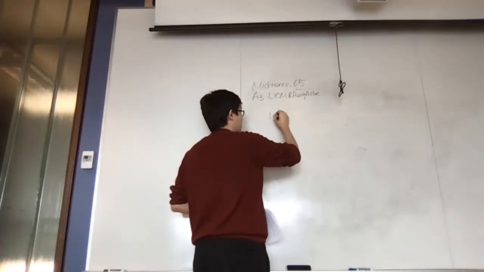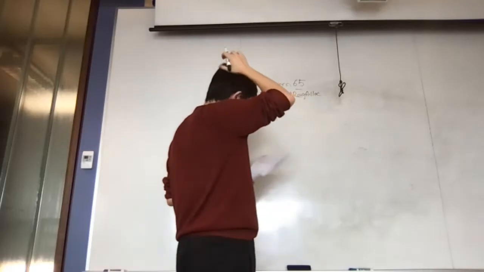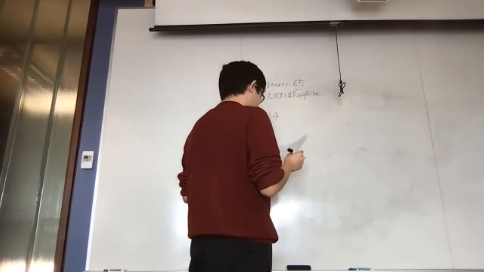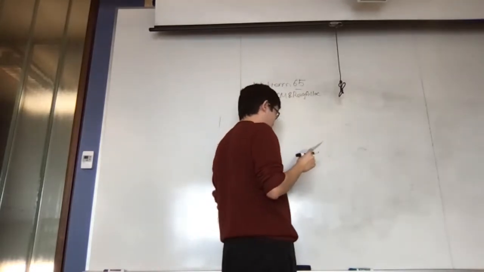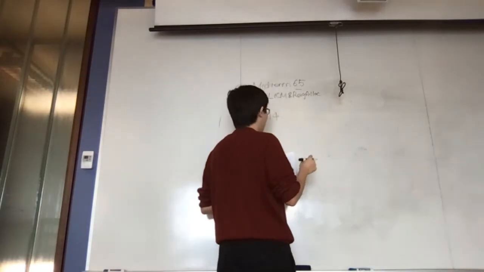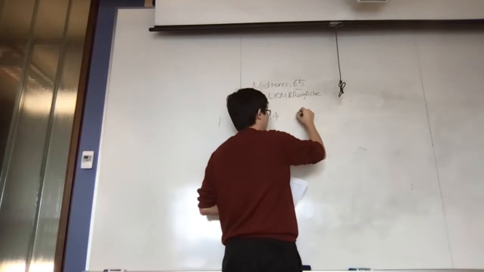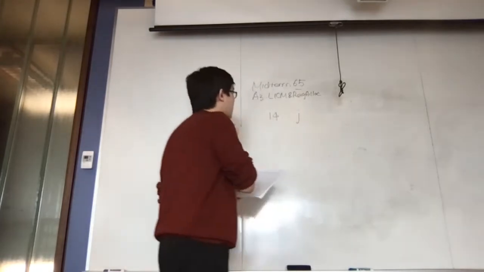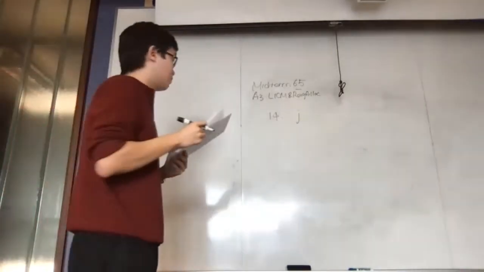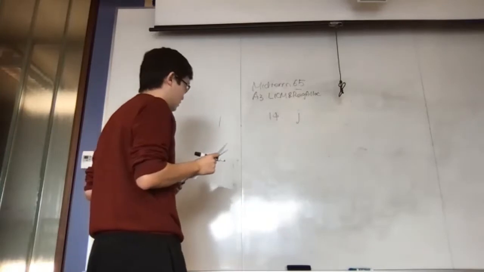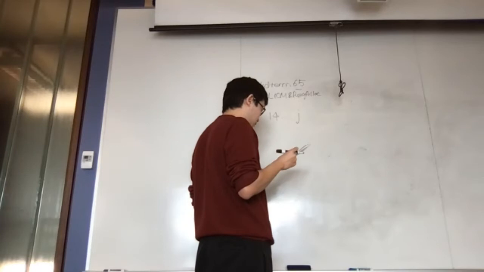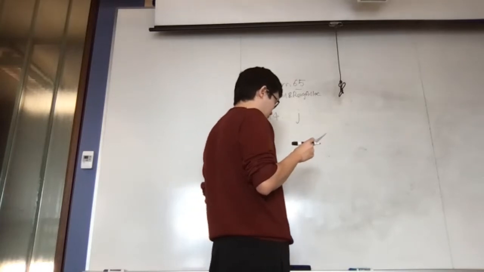So what about question 14? The first part asks us, what is the basic induction variable? I think most students handle this correctly. The basic induction variable here is J. I is not the basic induction variable because at each iteration, I multiplies itself, hence I is not a linear increase.